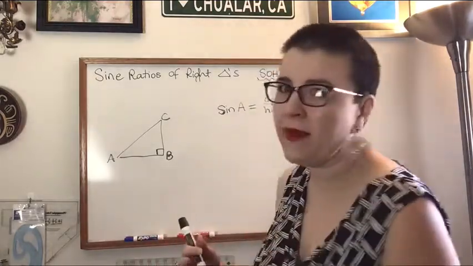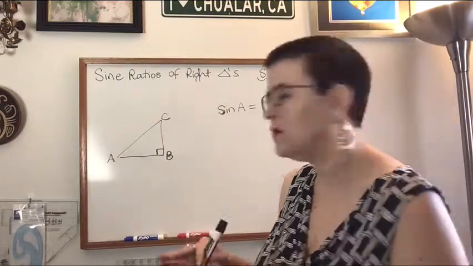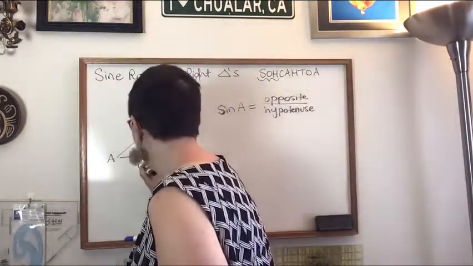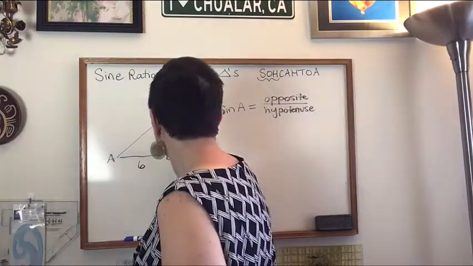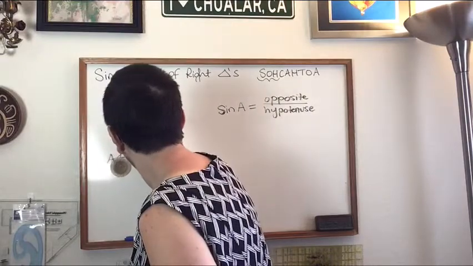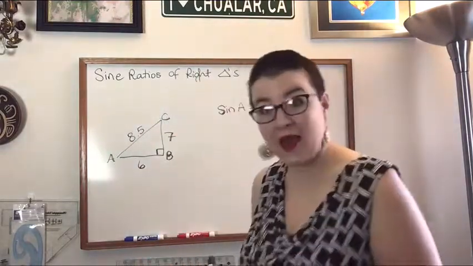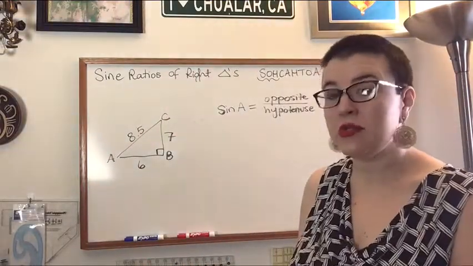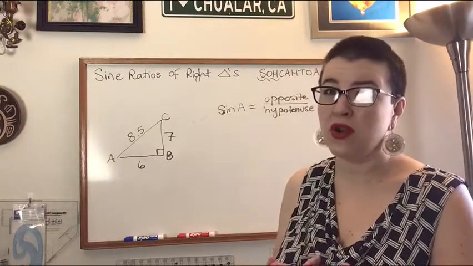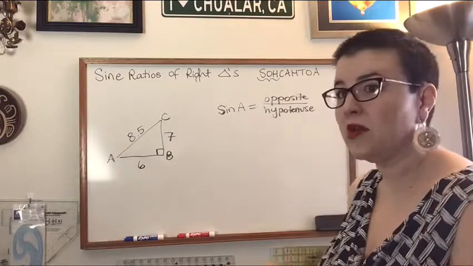So don't come at me if you're like, oh, but miss, those don't add up to the hypotenuse squared. That's all right. We'll survive this. I'm going to say, I don't know, this one is 6, this one is 7, and this one is 8.5. You can have side measures that are decimals, radicals, or fractions. For the most part, I'm going to stick with really basic.